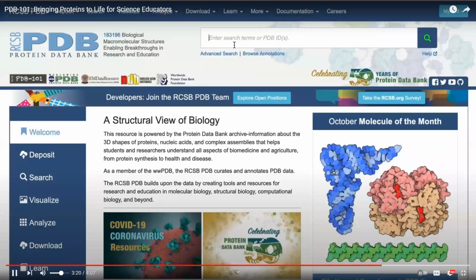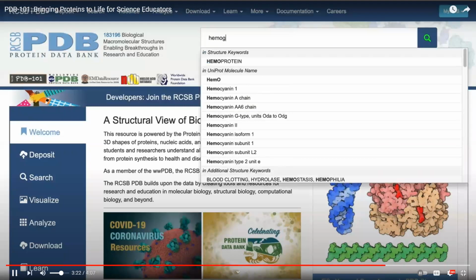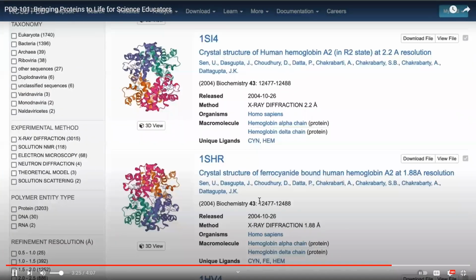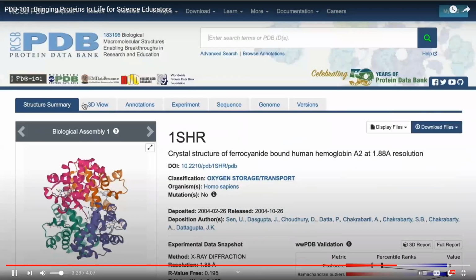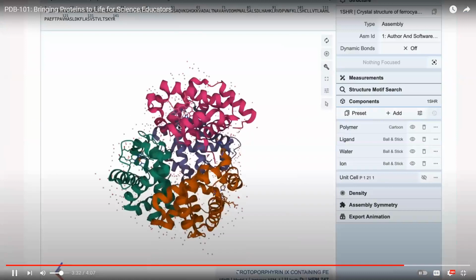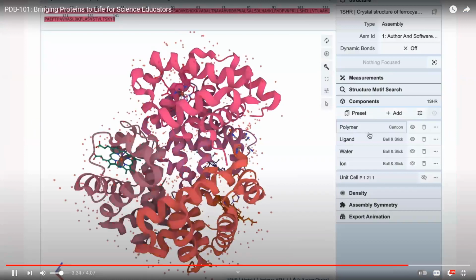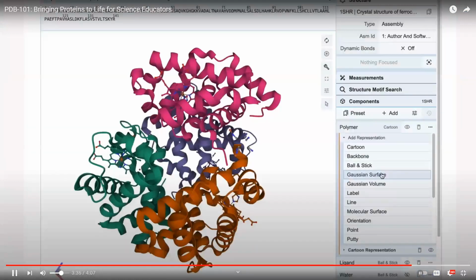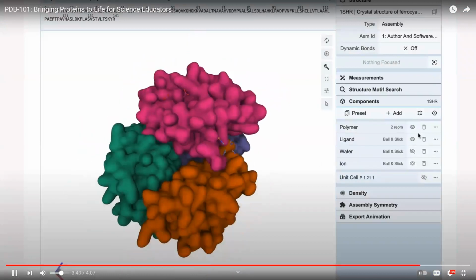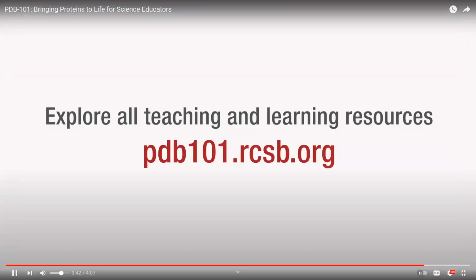Finally, if you would like to bring advanced 3D protein structure visualization into the classroom, the interactive MolStar viewer is available on rcsb.org. The MolStar viewer is accessible from the structure summary page of a given protein entry in the PDB archive. A user guide and video tutorial are also available for the MolStar viewer. Please visit rcsb.org and pdb101.rcsb.org today to begin your journey.